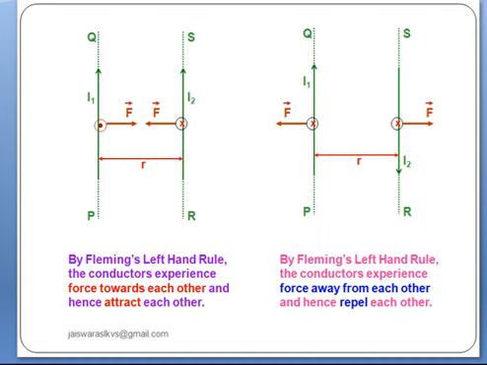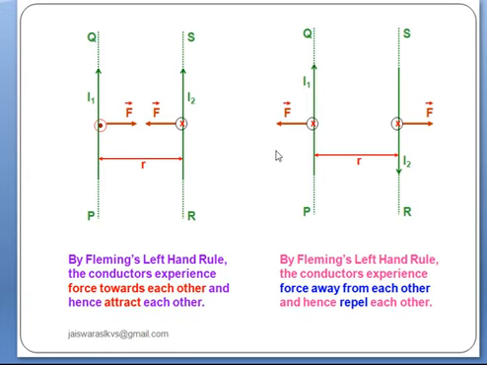So in the first case we can conclude that if the direction of current in two parallel current carrying conductors is the same, then the nature of the force acting between both the current carrying conductors will be attractive. There will be a force of attraction.